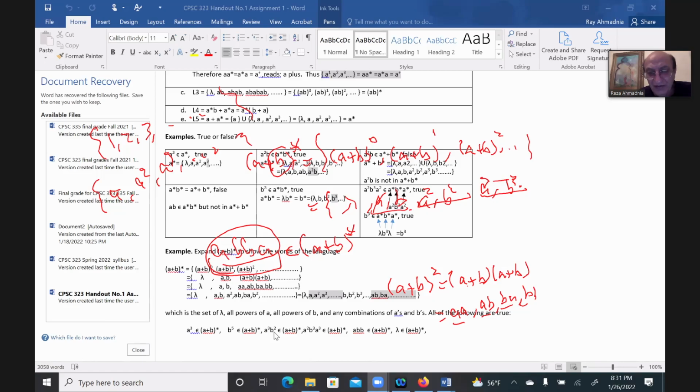Is a combination of a's, b's, and a's again a word in this one here? Yes. So any word, as long as it is powers of A only, powers of B only, or a combination of A's and B's, is in A or B star here.